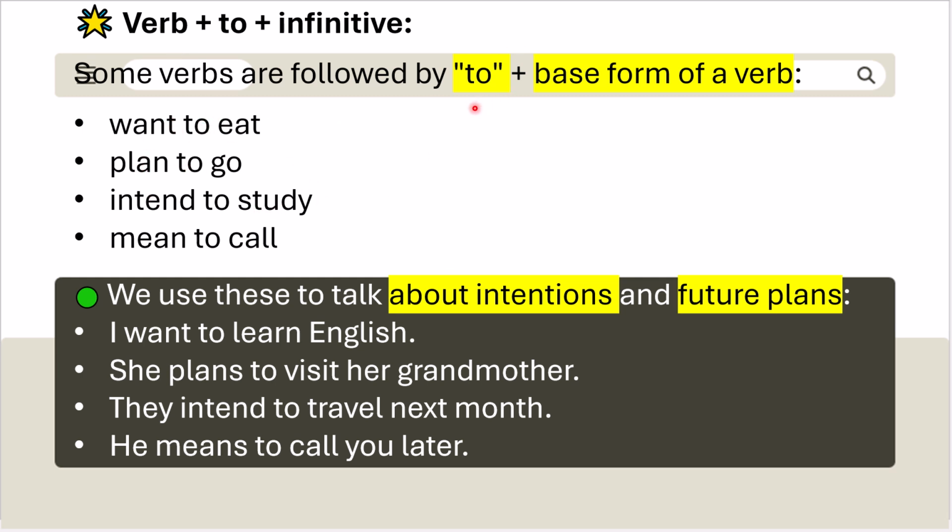The verb is given here: to plus the base form of a verb. Eat is an action verb, go is an action verb, study is also a verb, call is also a verb. So verbs are nothing else but action words. Okay, what actions we do. Action means what things we do.